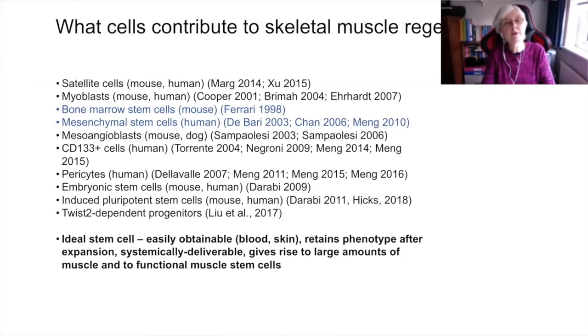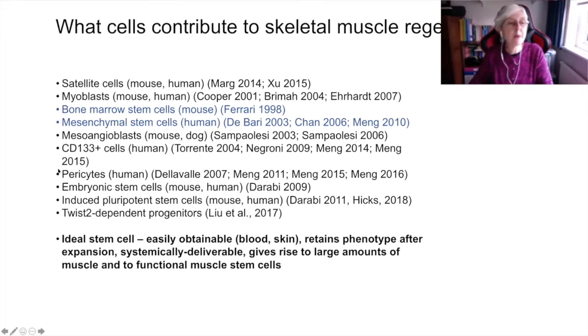This summarizes work done by lots of different labs looking at what cells do contribute to skeletal muscle regeneration. The ones in black really do work, and they're either the muscle stem cells, the satellite cells, or their progeny myoblasts.